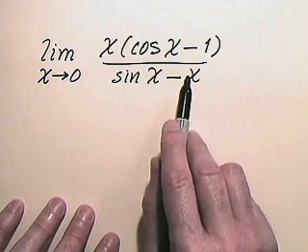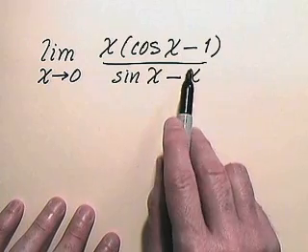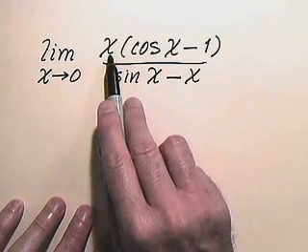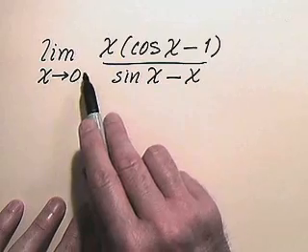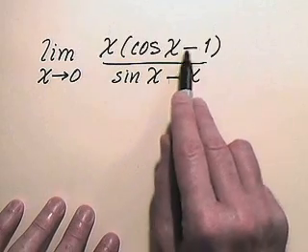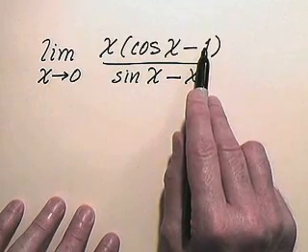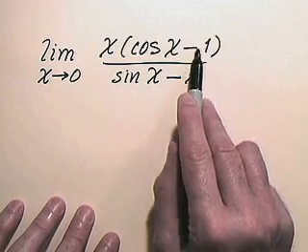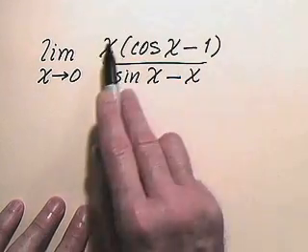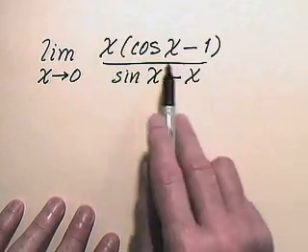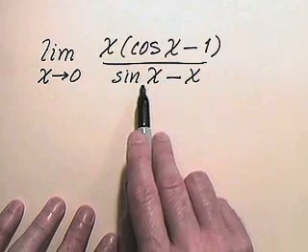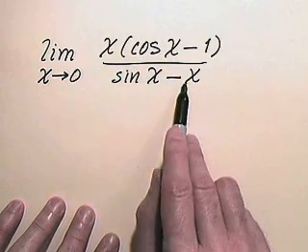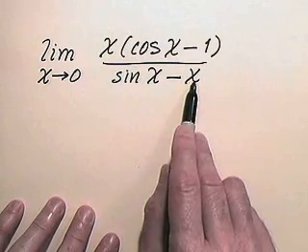Now, in a sense, this thing is sort of doubly indeterminate. Notice that factor x is going to 0 as x goes to 0, but also cosine x minus 1 is going to 0 as x goes to 0. So consequently, we've sort of got a second power of a 0 there. But look down in the denominator. x is going to 0, so that term goes to 0.